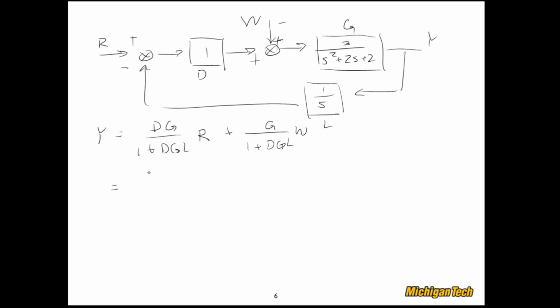So let's see, I'll have 3 over s squared plus 2s plus 2, over 1 plus 3 over s squared plus 2s plus 2, and that's times R. And then for this one, I actually get the exact same thing. That's interesting.